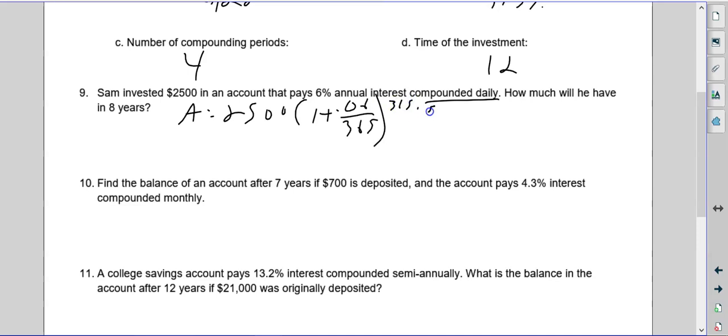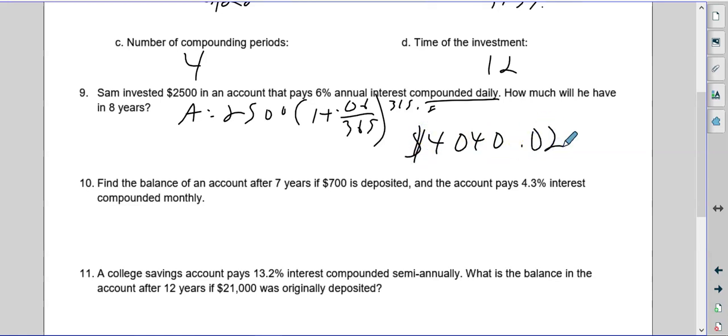That's the compounding, and then times 8. Okay. So what do we get here? Oh, my bad. That's the wrong one. Getting ahead of myself. It is $4,040. That didn't make sense. You lost money. And 2 cents.